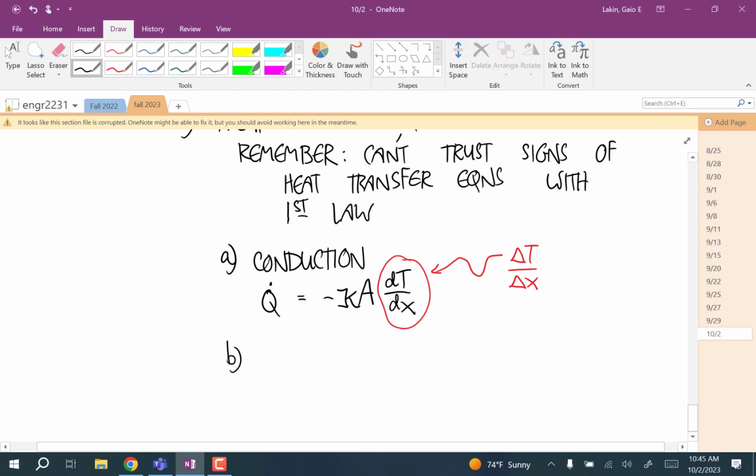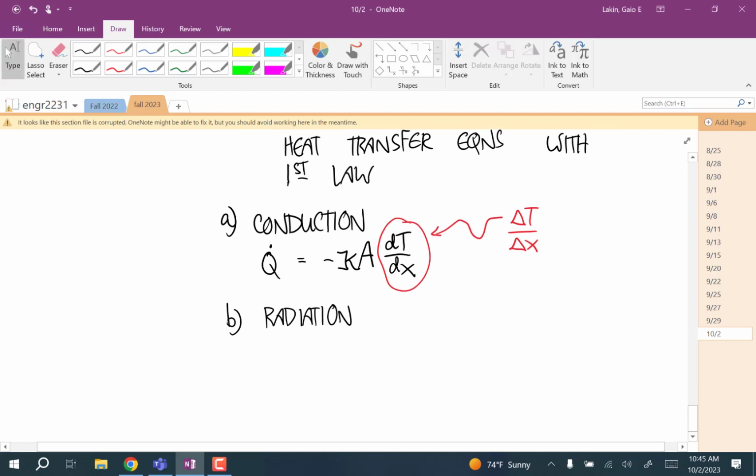Second is radiation. And for that, we have the Stefan-Boltzmann equation.